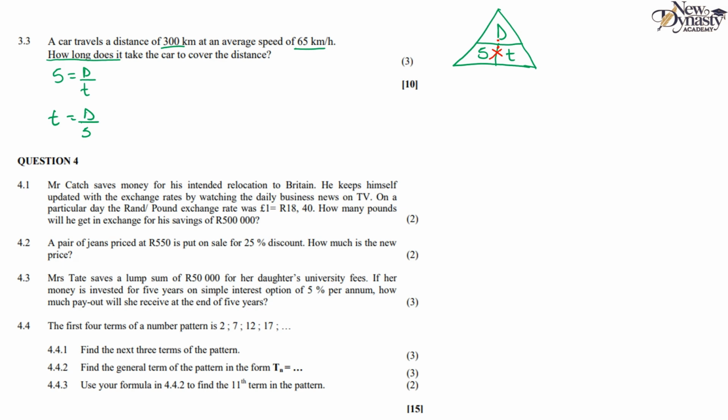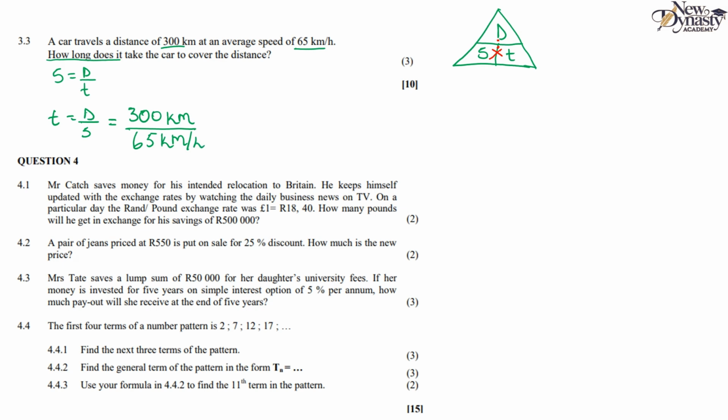Now we are given the data that we need to put in here as the distance, that is 300. So we're going to substitute D as your 300 kilometers divided by your speed, which is 65 kilometers per hour.